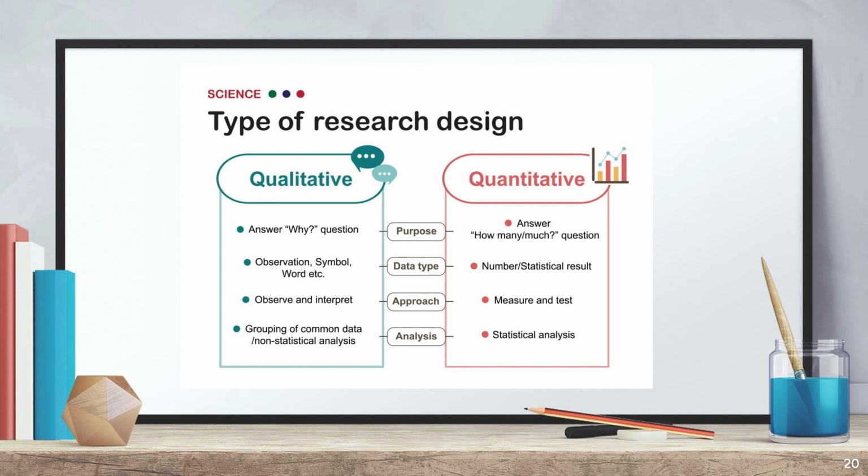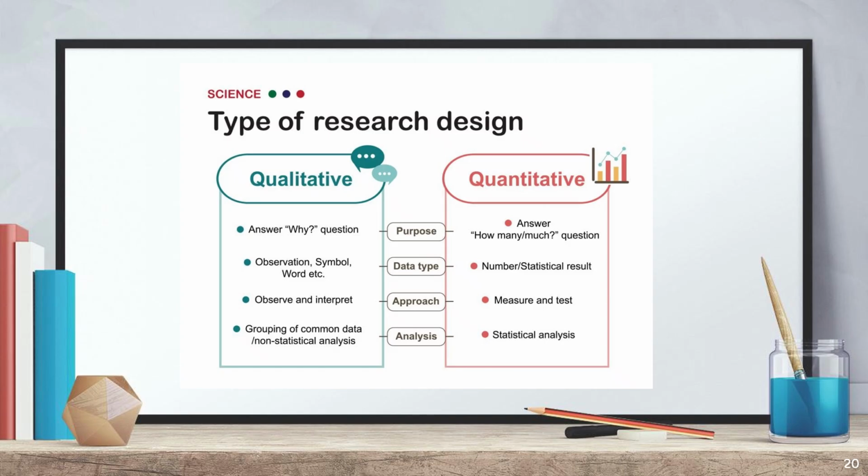In qualitative, we observe and interpret. So the researcher has to be really careful with their biases, because they are part of the data analysis in qualitative research. In quantitative, it's a little more systematic in that you measure, you list things, and you test.